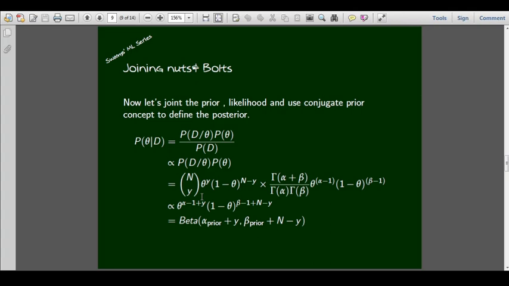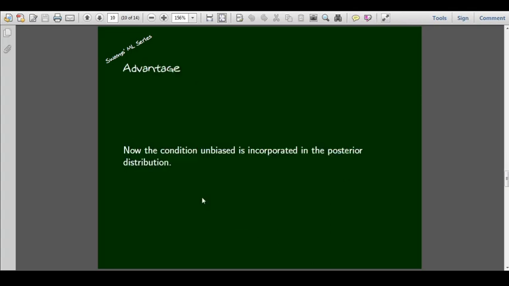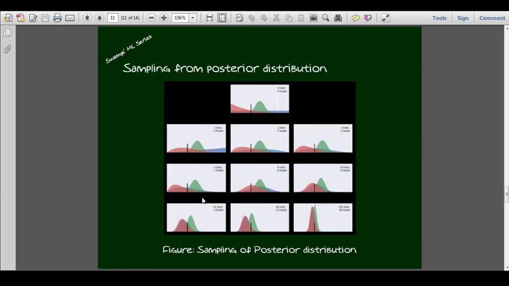So we can compare the performance of the Bayesian model to the Lagrange multiplier method in linear algebra and optimization. The advantage of this I already told you: the unbiased condition is incorporated in the posterior distribution. Now, sampling from the posterior distribution. I take the prior and likelihood distributions, create a posterior distribution using Bayes theorem, and plot it. Now look into the plot.